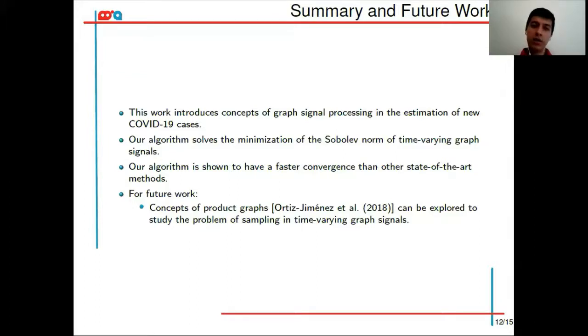And our algorithm is shown to have a faster convergence than other state-of-the-art algorithms, as we show in the results. Finally, for future work, we want to introduce concepts of product graphs, trying to explore and study the problem of sampling in time-varying graphs.